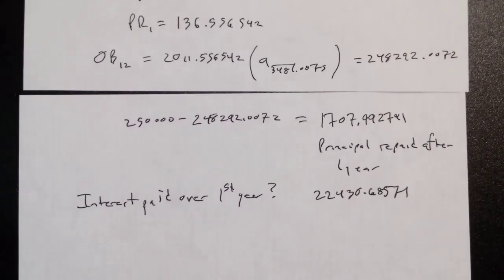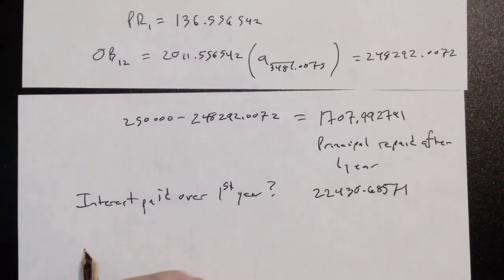Now, I can ask the same question not at year 1, but at year 30. Let's look at the last year of the loan. In the last year of the loan, I'm going to need OB 348.